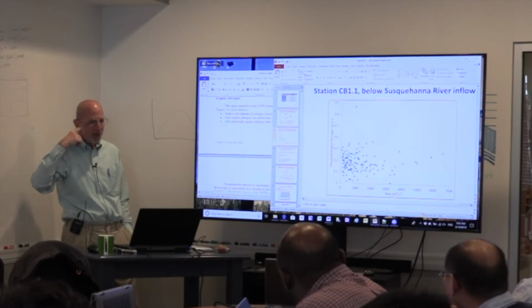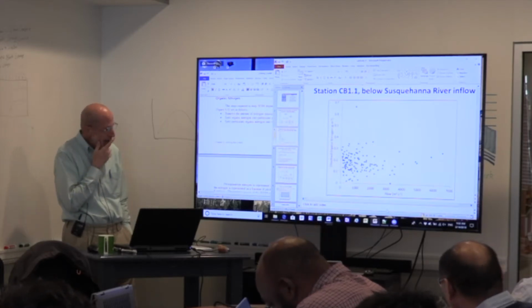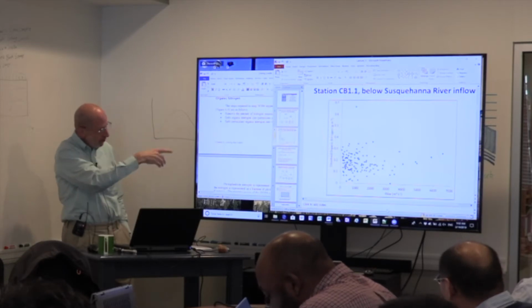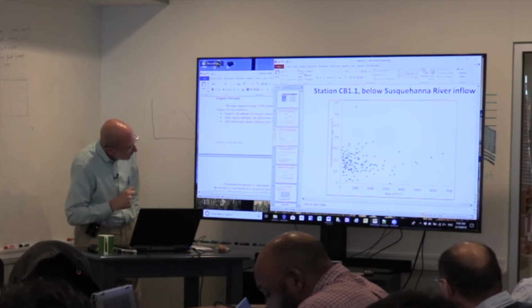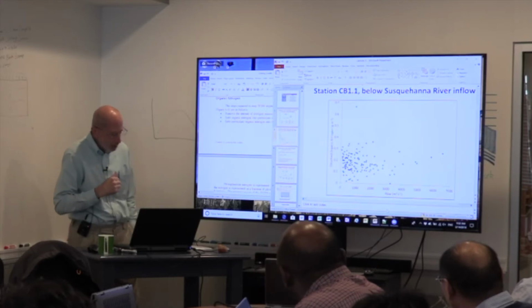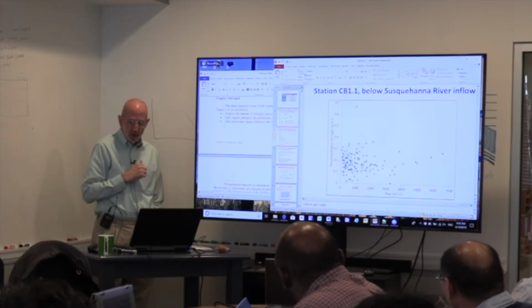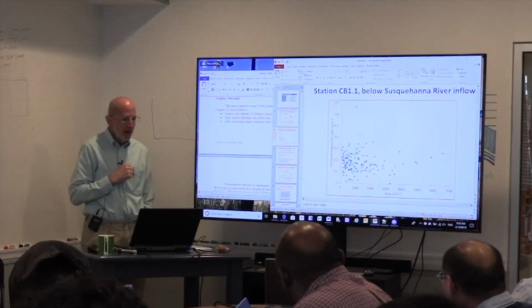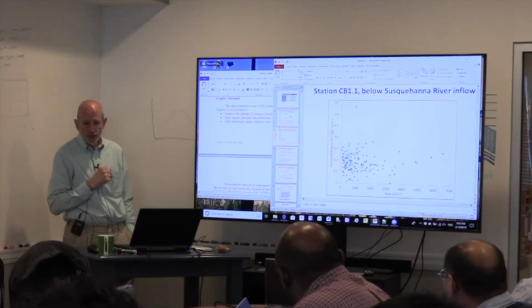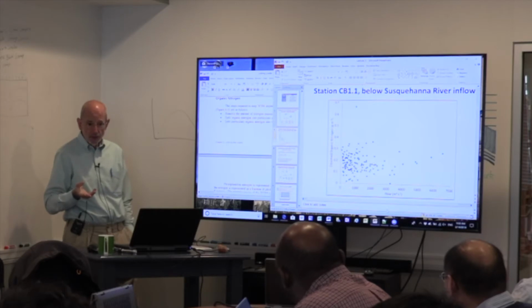It may have just been coincidental because we had a very small data set. And lately, this is the Susquehanna River, dissolved organic nitrogen versus flow, and now there's no relationship at all. In fact, if you just said it's roughly 0.15, you could hardly go wrong. So there's a lot of judgment involved in this.